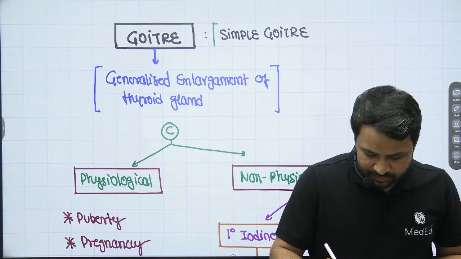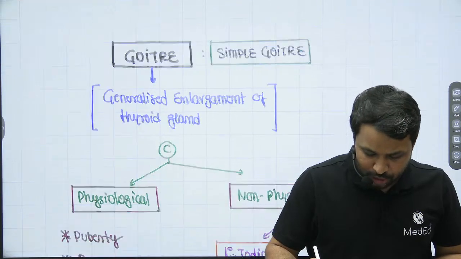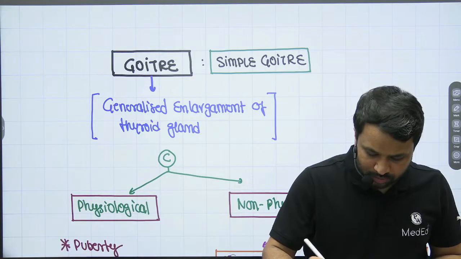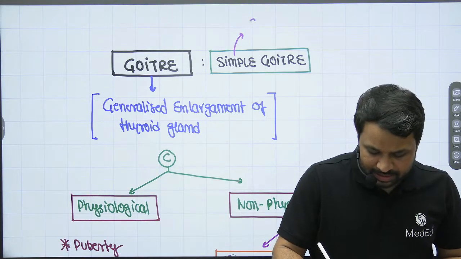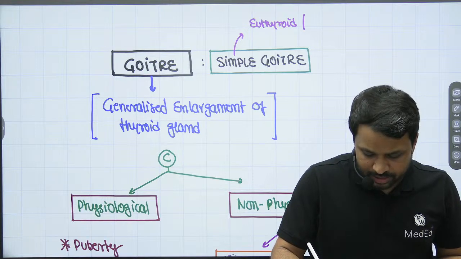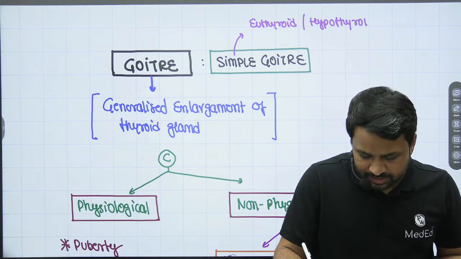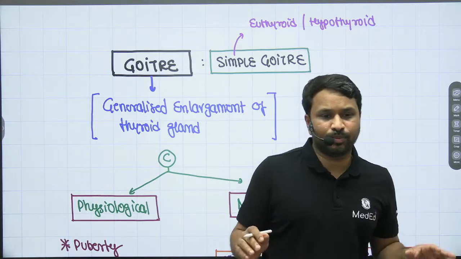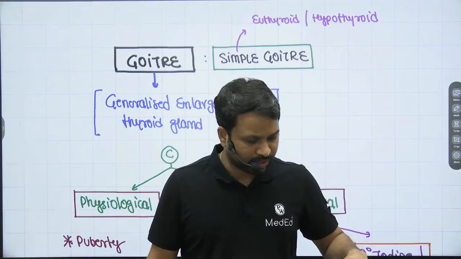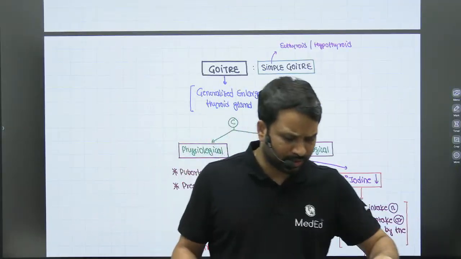The word simple basically means the patient is either euthyroid or hypothyroid. Either it is a euthyroid or a hypothyroid status. That's what it means. Okay?